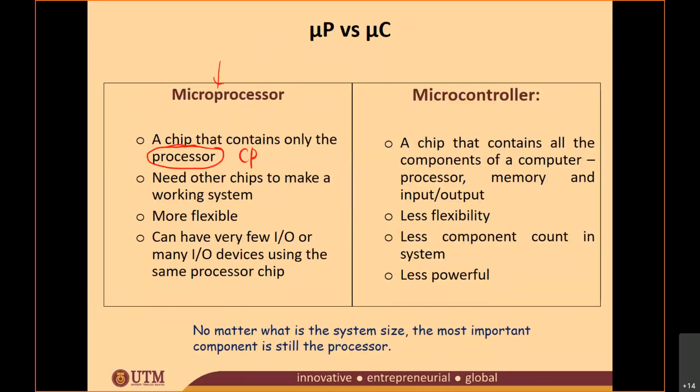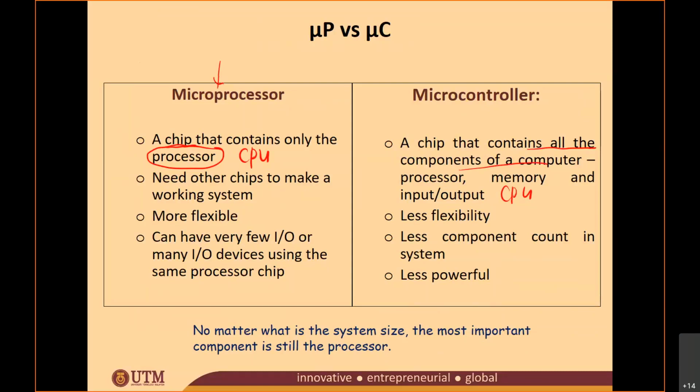As I mentioned earlier, it only has a CPU, and doesn't have the memory and input output. While a microcontroller is a chip that contains all the components of the computer, which is the CPU, the memory, and the input output inside of the chip.